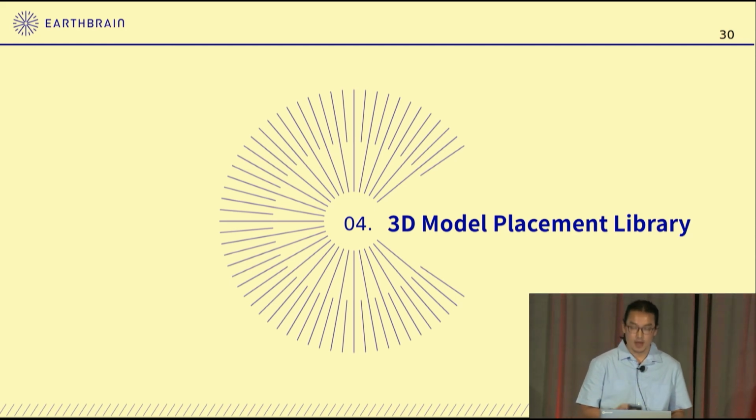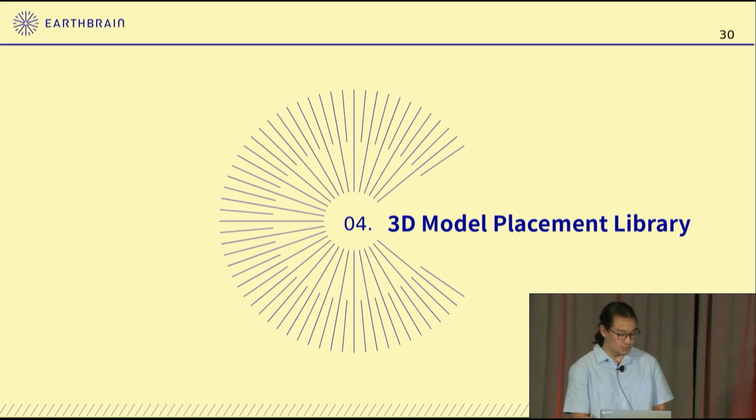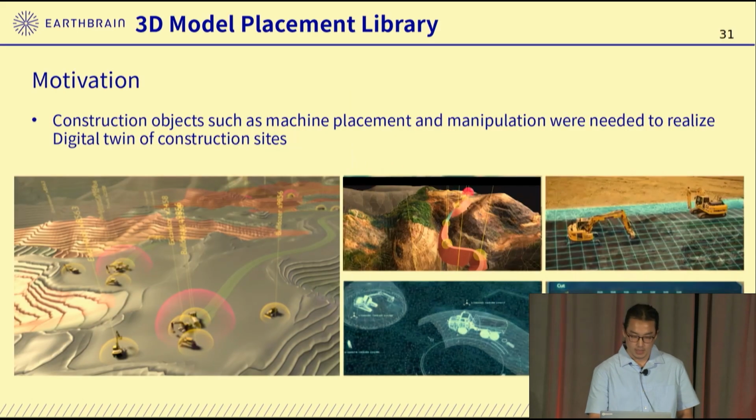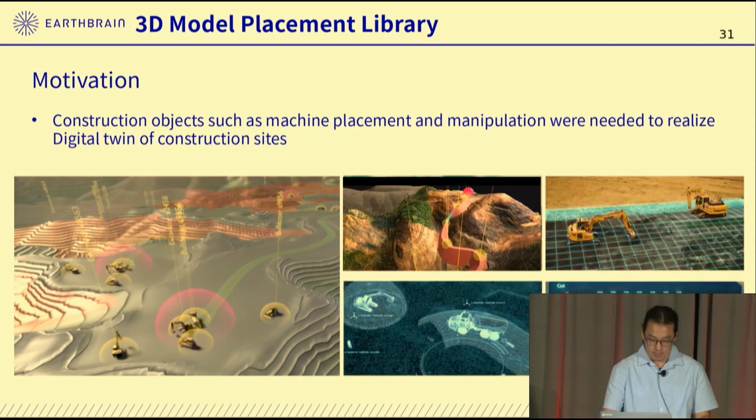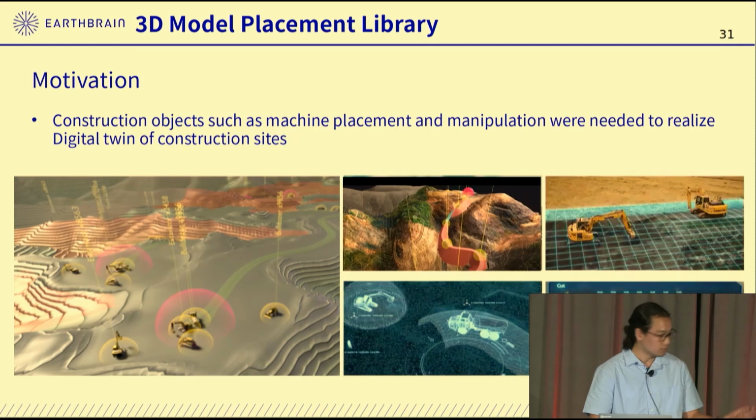Hello, I'm Ryoji Shimizu from EARTHBRAIN, software engineer. I'm introducing the 3D model placement library. First, why did we create this library? We want to realize the construction site in a digital space.